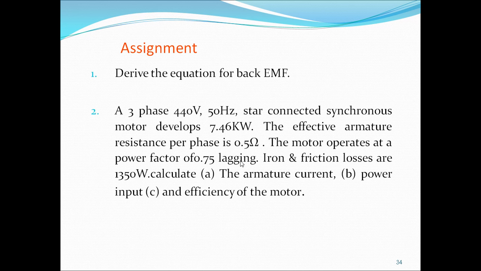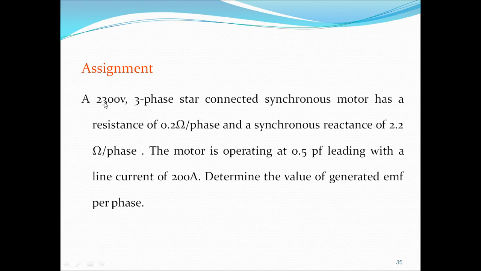Next, note down the next problem. So that is a 2300 volts 3-phase star connected synchronous motor that has a resistance of 0.2 ohms per phase and synchronous reactance of 2.2 ohms per phase.